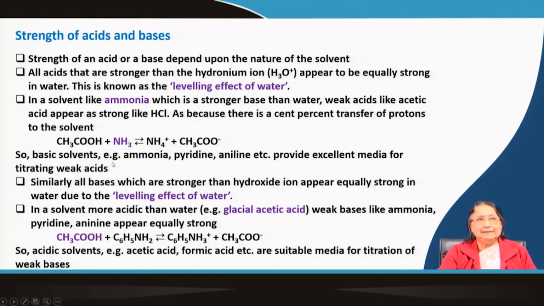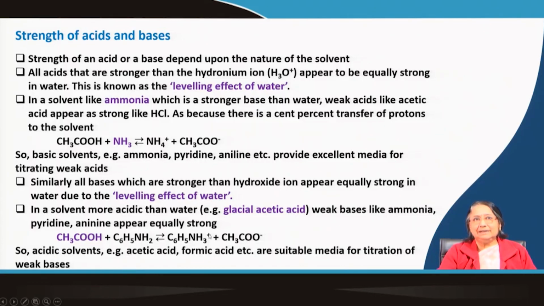Similarly, all bases which are stronger than the hydroxide ion appear equally strong in water due to the leveling effect. This is just the opposite case.